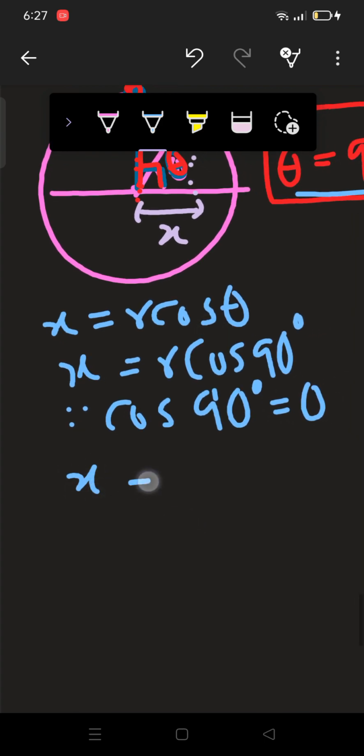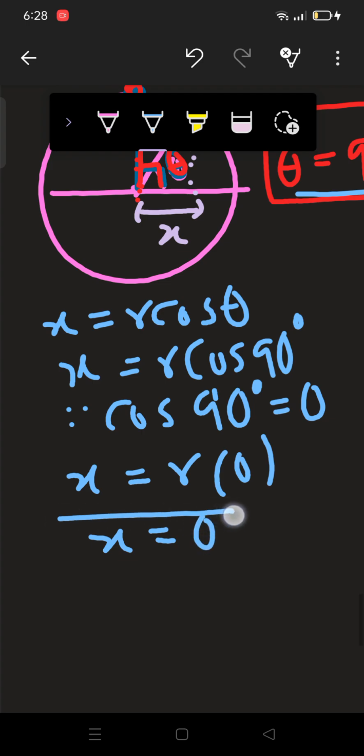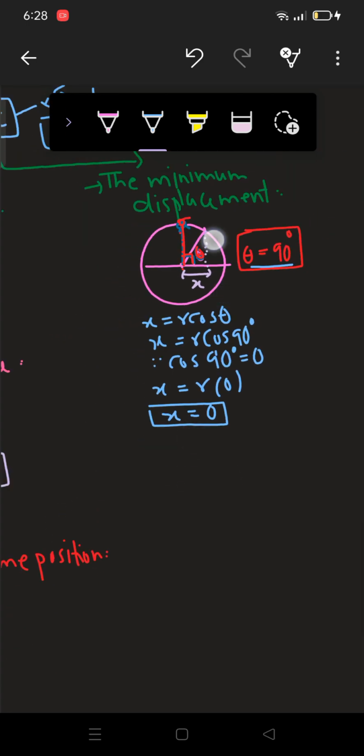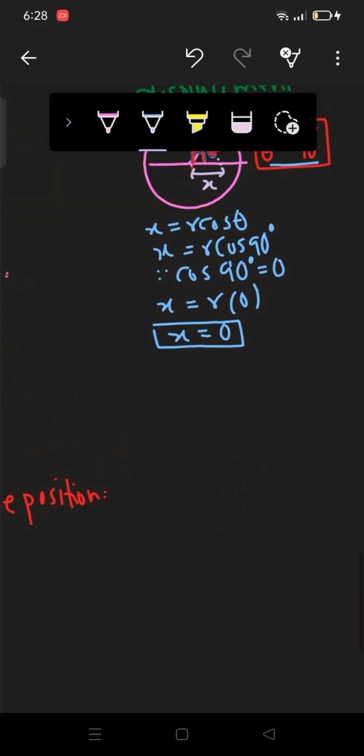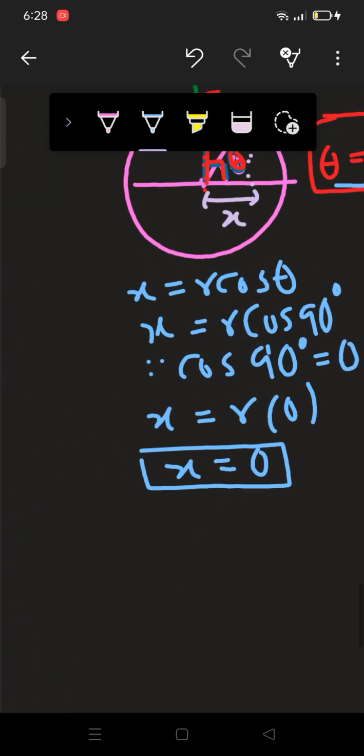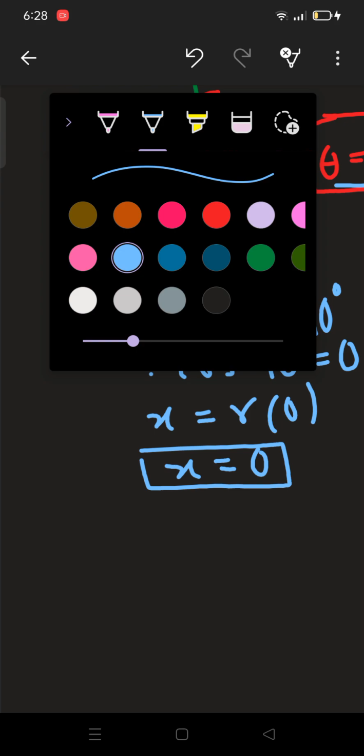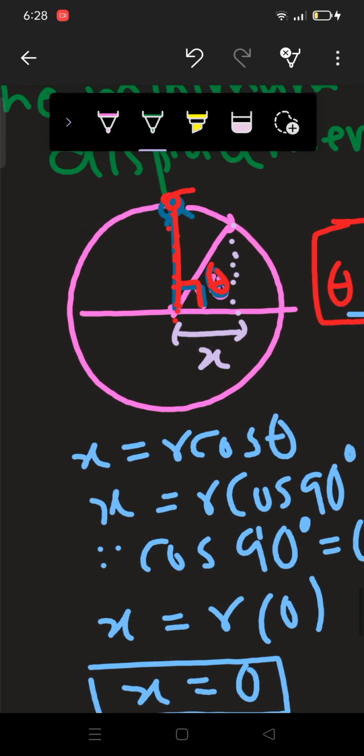Substituting, instead of cos 90 I put 0, so x = r times 0, which is of course 0. As you can see, x = 0 means our minimum displacement. Now see where this would lie.